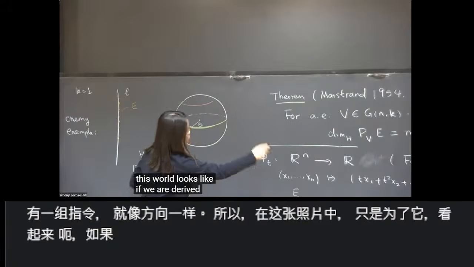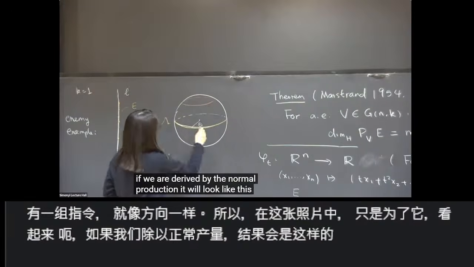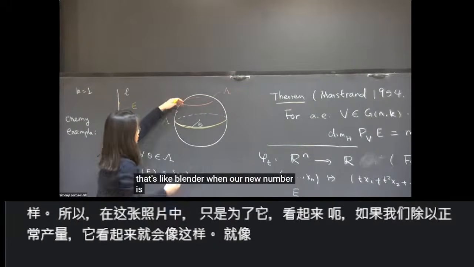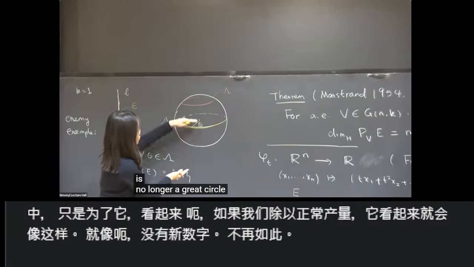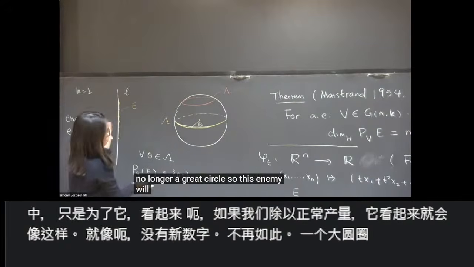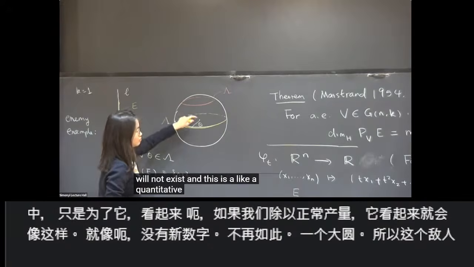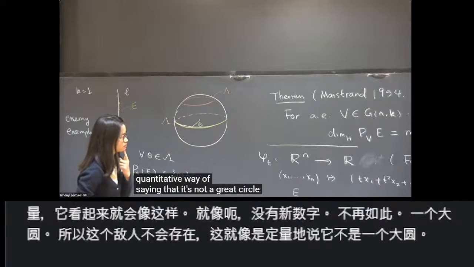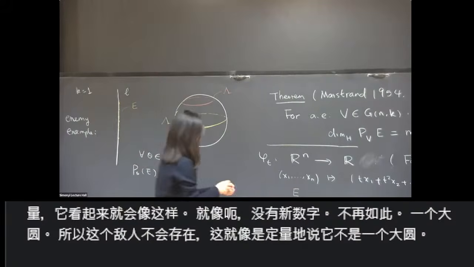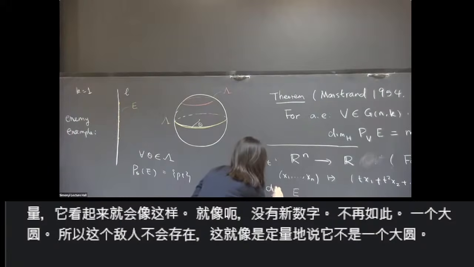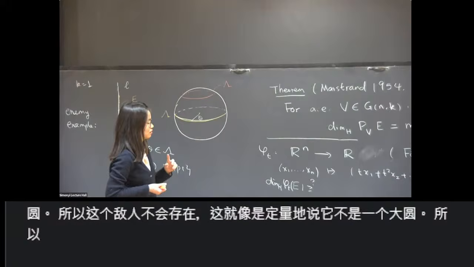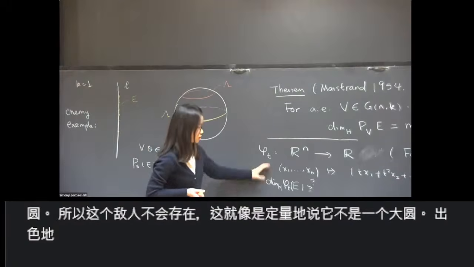If we divide by the norm of the vector, it will look like this one. That's our new Lambda, and it's no longer a great circle. So this enemy example will not exist. And this is a quantitative way of saying that it's not a great circle. For most of this talk, we'll be talking about these projections.